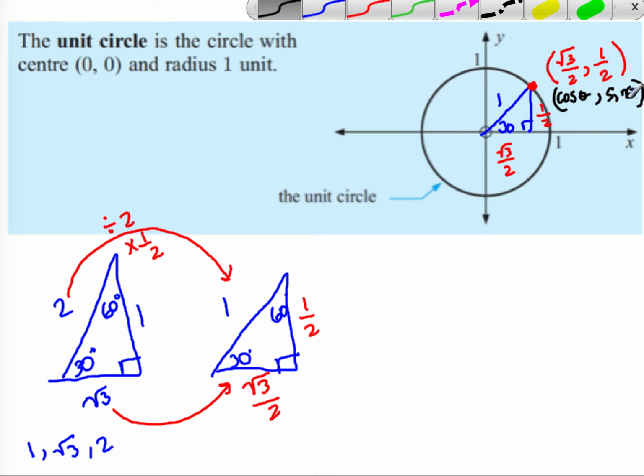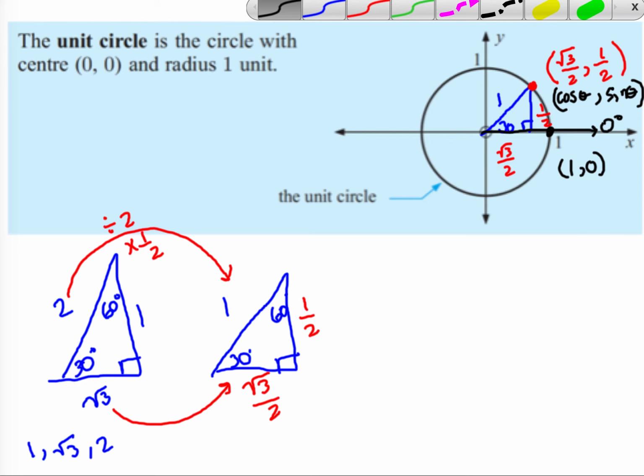We could throw in all of our triangles and find out the relationship here is cosine comma sine. So if we look at 0 degrees, which means I am right here, this is 0 degrees, we can look at this coordinate point. That coordinate point is 1, 0. So at 0 degrees, I have cosine is 1 and sine is 0.